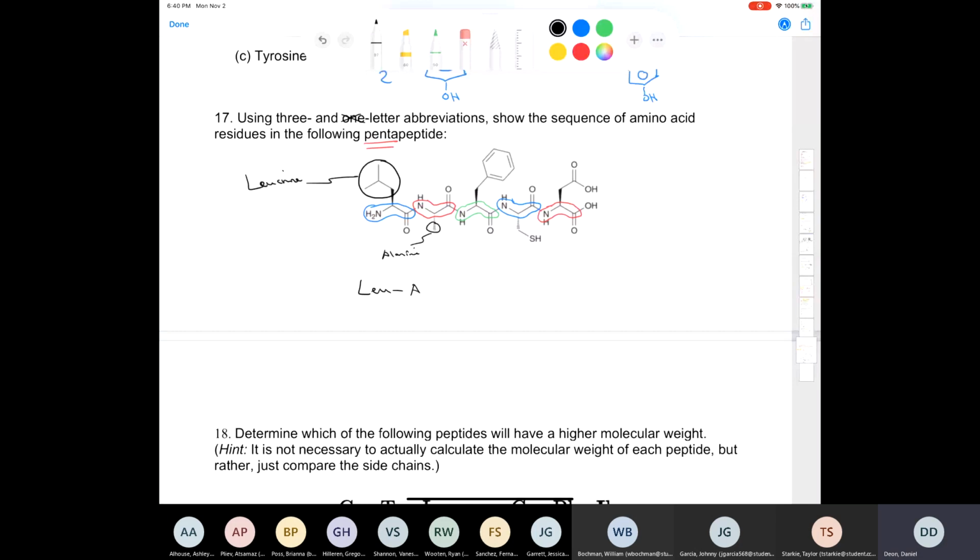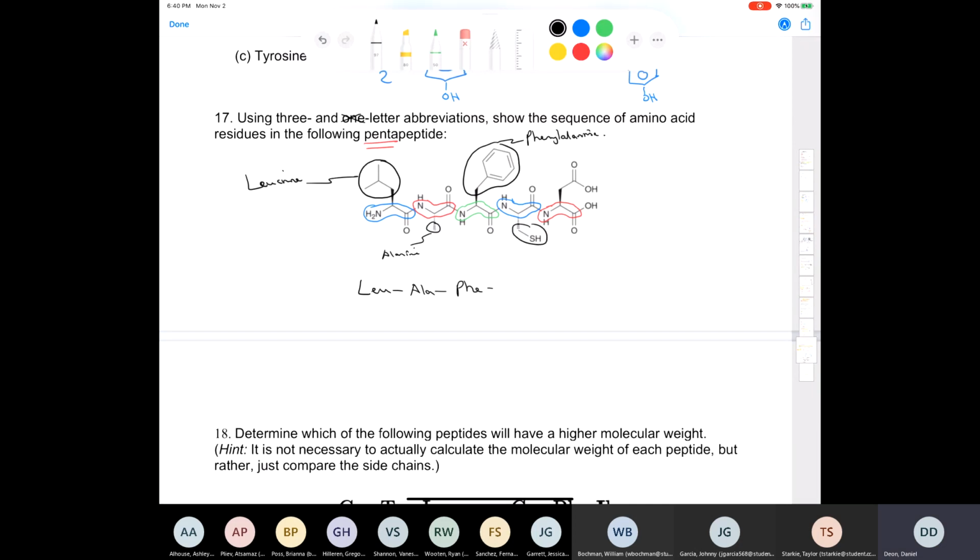So we have ALA. The next one, we have a phenyl group attached to a methyl. So this is phenylalanine, and for that we use PHE. The next one is cysteine.